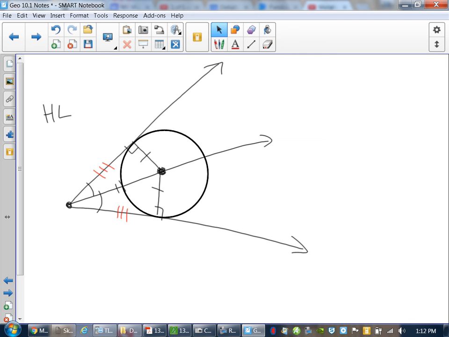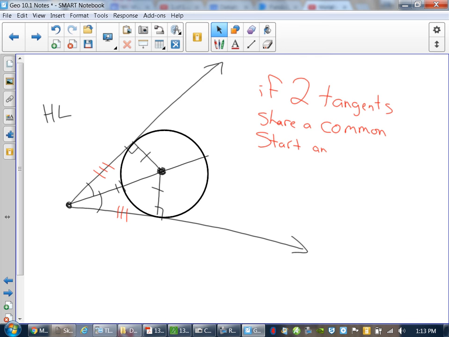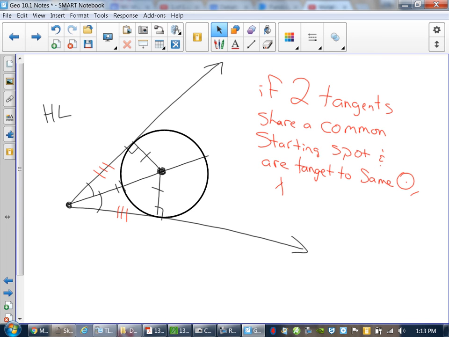Okay? So what happens here is that if two tangents share a common start, trying to think of an easy way to write this out.